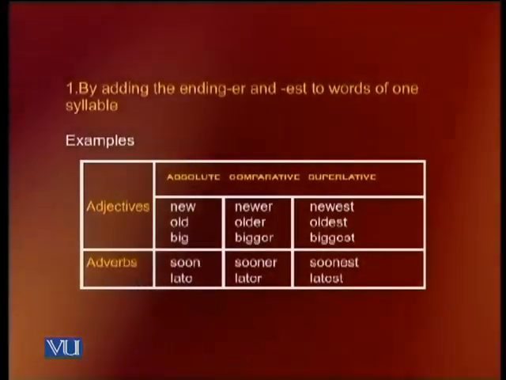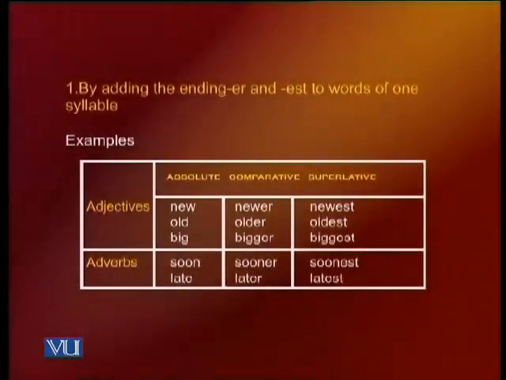And if you want to show the third degree, the superlative degree, you add EST. So it is new, newer, newest. Old, older, oldest. Big, bigger, biggest. And with adverbs, it is soon, sooner, soonest, late, later, latest. Now this is very easy, and it reminds you of what you did in school.